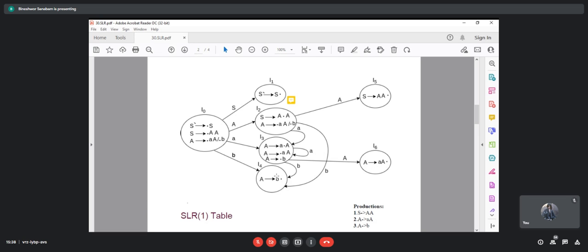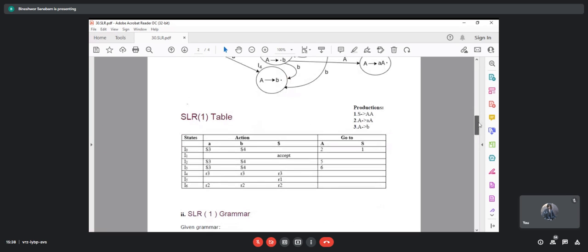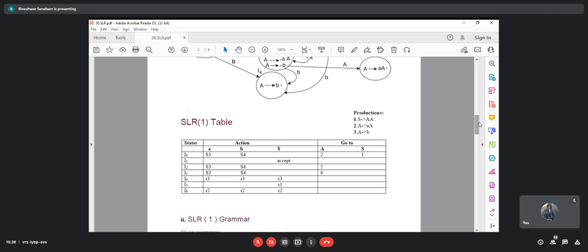So if you consider the states, whenever you find dot at the last end, these are our final items. Okay, so I1, then I5, then I6, then I4. These are all final items where we don't have to do anything. Okay. So once we have this DFA, then we can create the table.